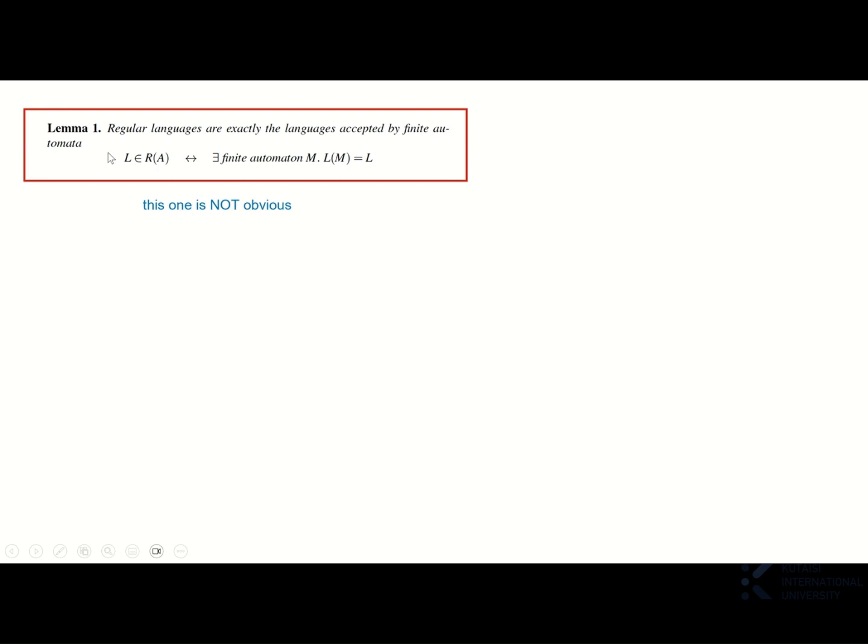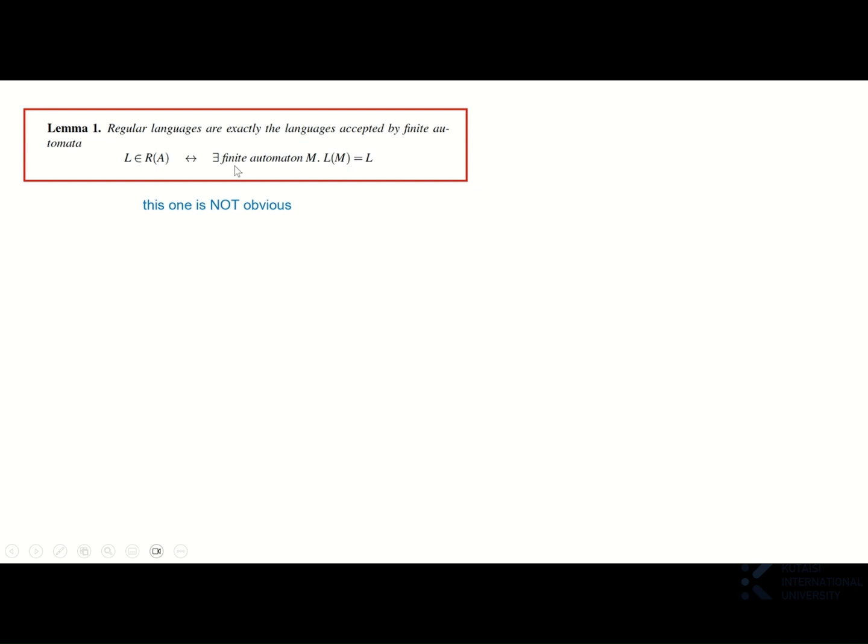This means that if you have a regular language given by a regular expression like this, then there exists a finite automaton M that exactly accepts this language, and vice versa: if you draw a finite automaton and it accepts some strings, those strings constitute a regular language. So we have to prove both sides.